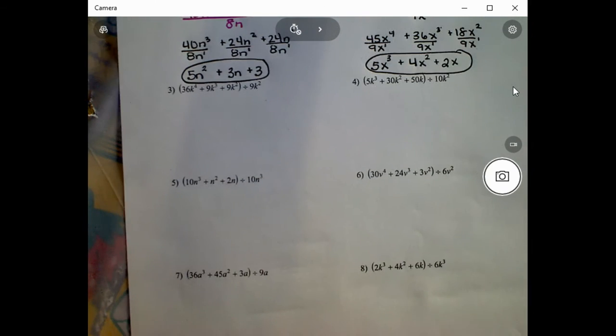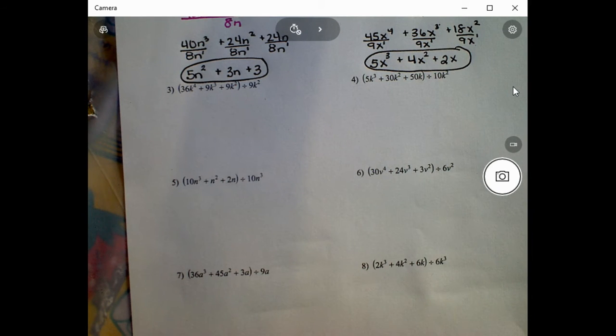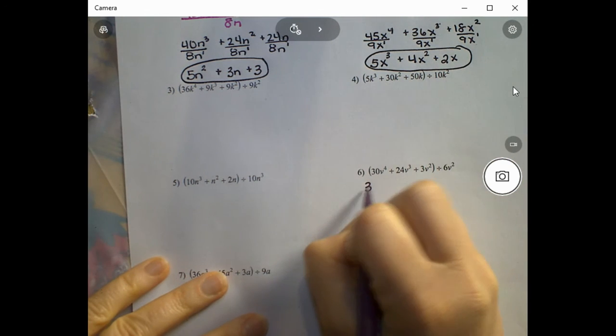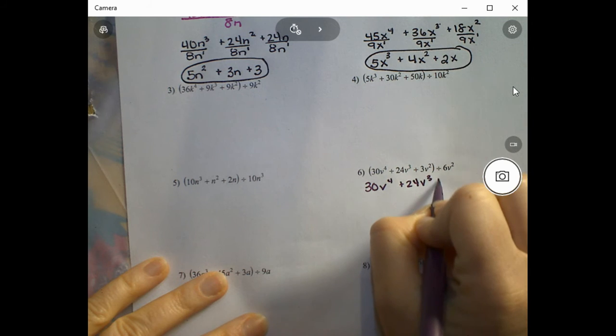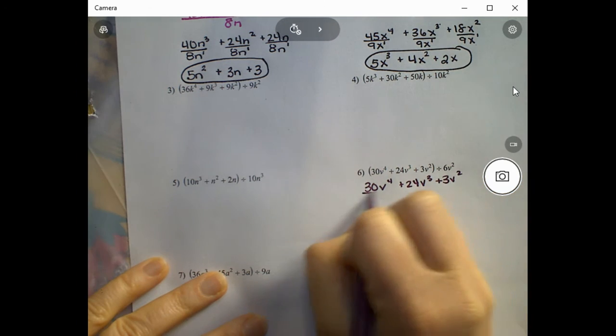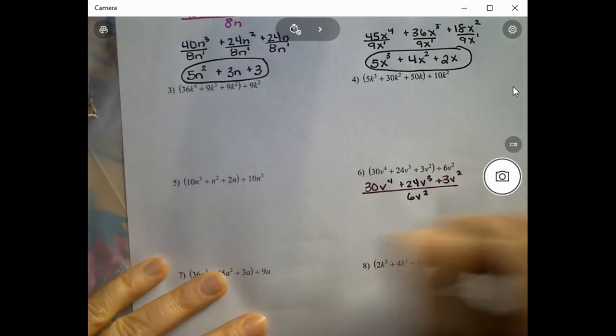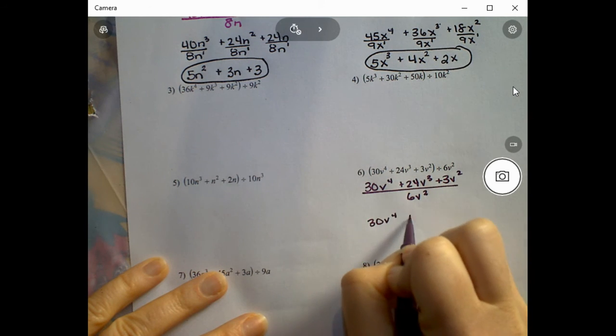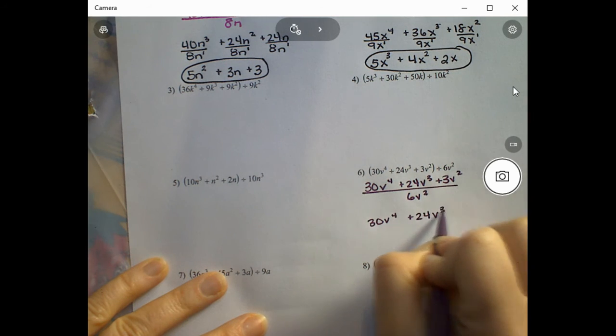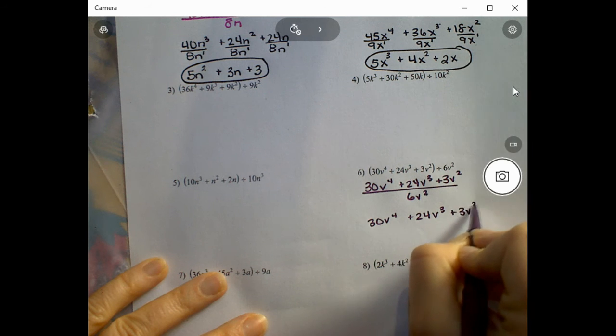Let's look at number 6. All right, so we're going to write this, showing what it really kind of looks like. And then using that kind of distributive property to spread the 6v squared out to each term.